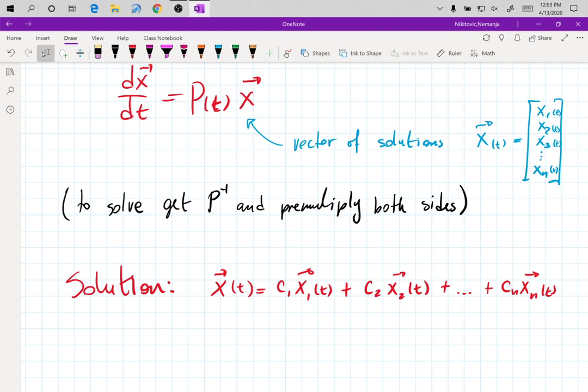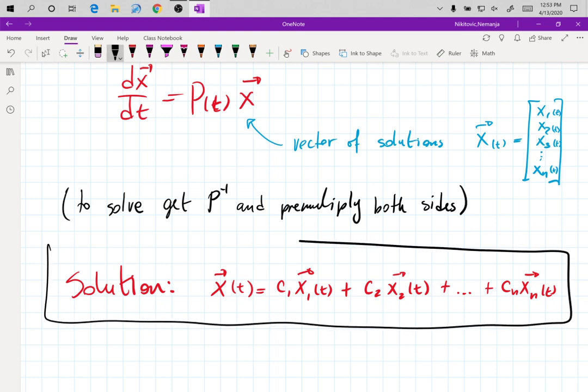So that's our solution. And we'll have to see all of this obviously in an example.